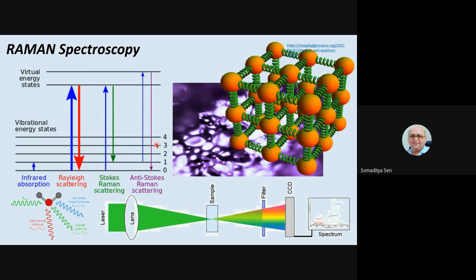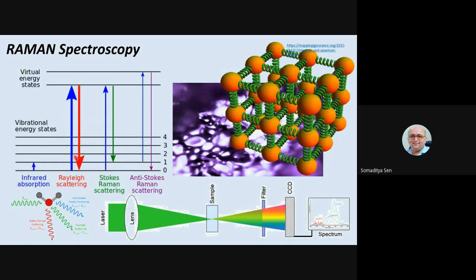Now, what does it mean? There are vibrational energy states, corresponding to different frequencies of energies between these states, that will definitely correspond to a wavelength that will be absorbed, and mostly it's in the infrared region. To understand these states, either we can do infrared absorption spectroscopy, or we can do Raman spectroscopy.